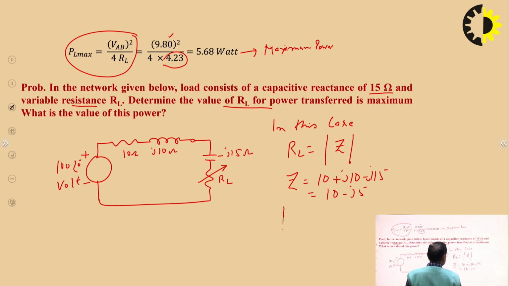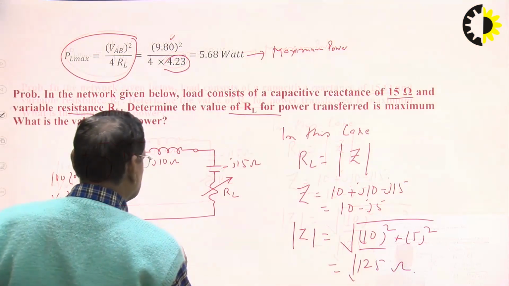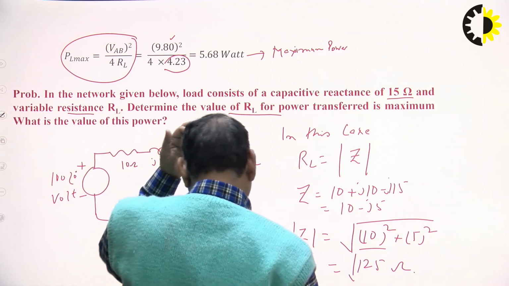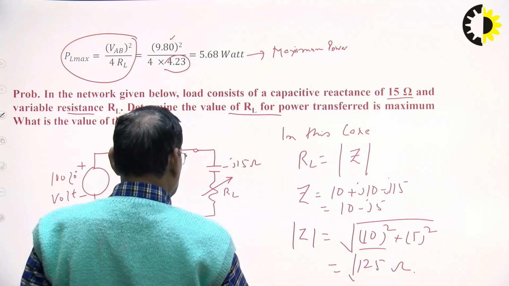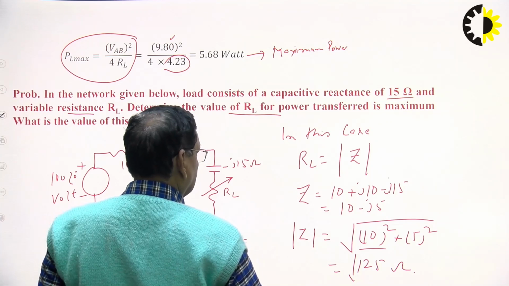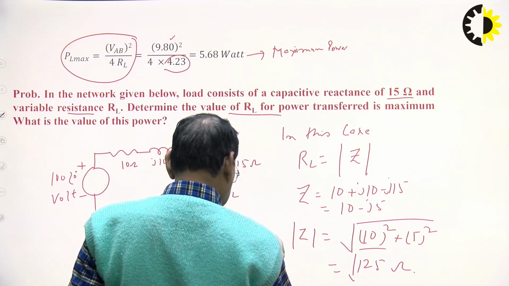So mod Z is root over 10 square plus 5 square, which is root 125. So RL is 11.18 ohm.